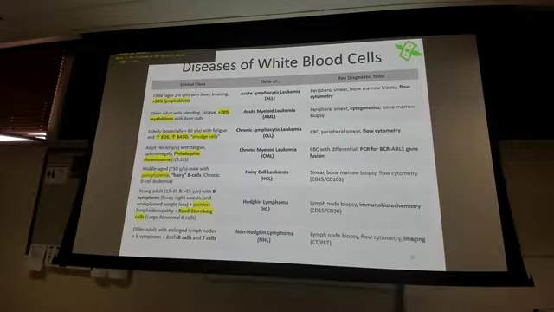So for the kids, what is greater than 20% lymphoblasts? For the adults, greater than 20% myeloblasts. And then those Reed-Sternberg cells, Hodgkin's lymphoma. That's all you have to know off this slide.